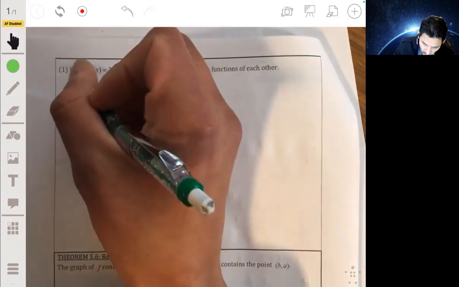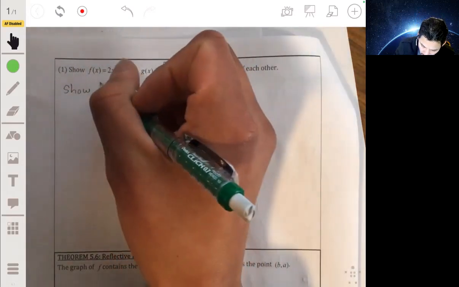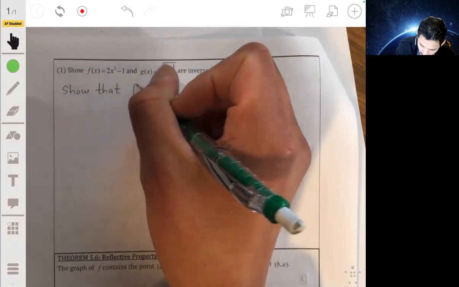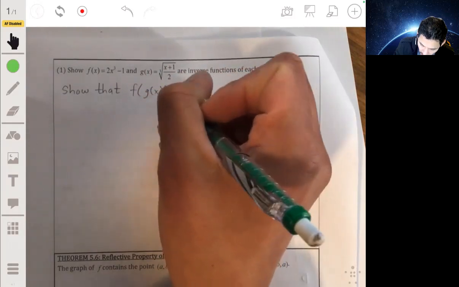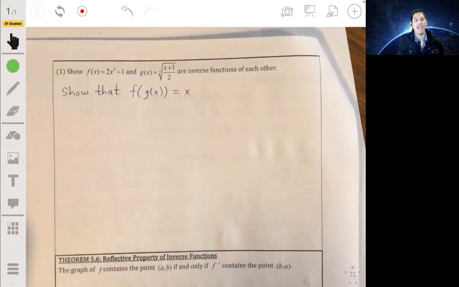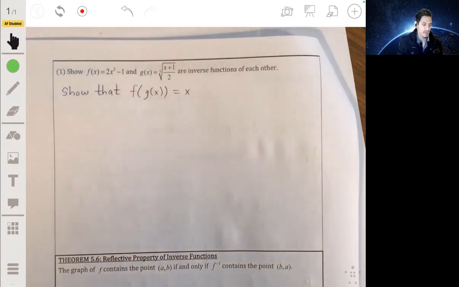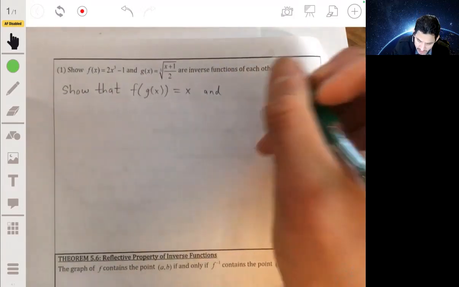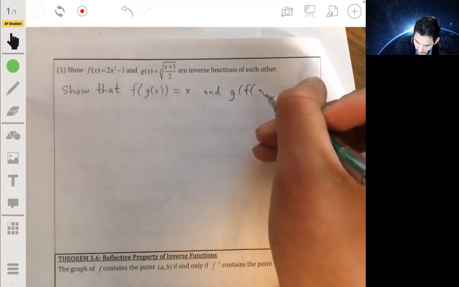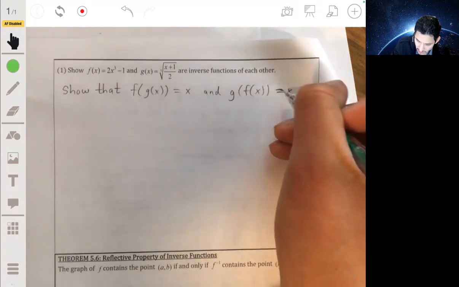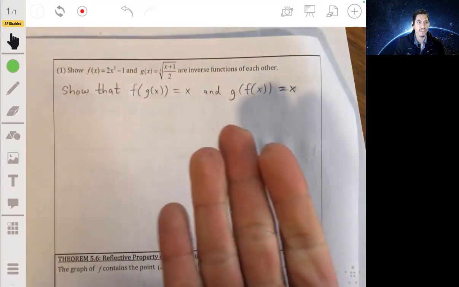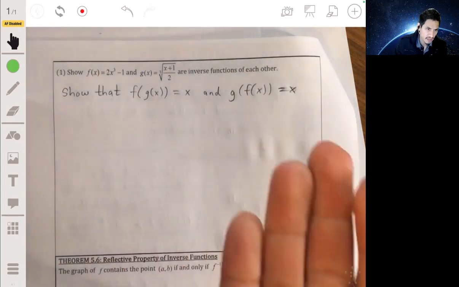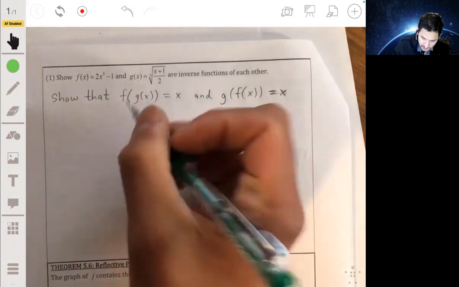Well, essentially, you want to show that if you take F of G of X, you're going to get X. And if you want to prove it both ways, if you take G of F of X, you're also going to get X. If you can show that, that's essentially showing that these two functions are inverse of each other, because they undo each other. So let's start with this one.